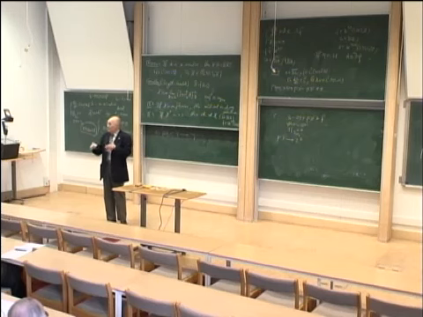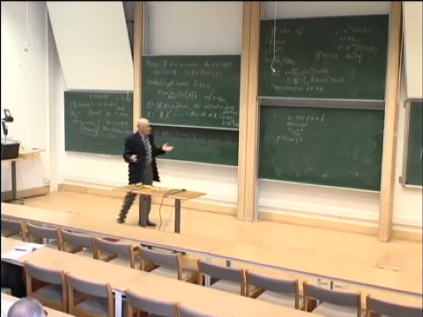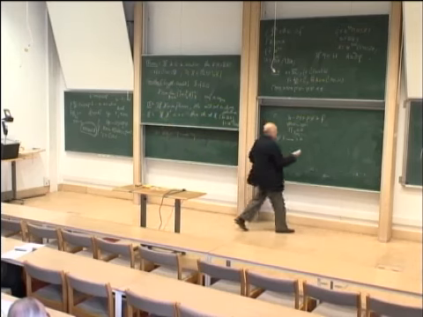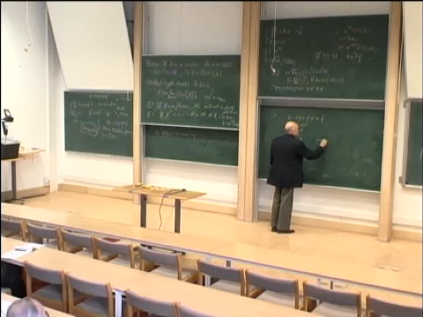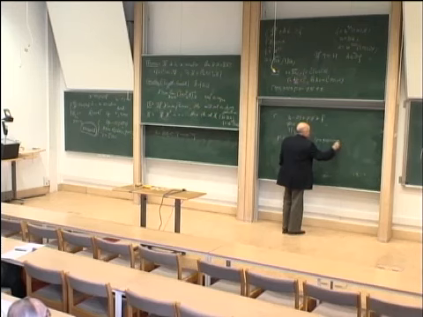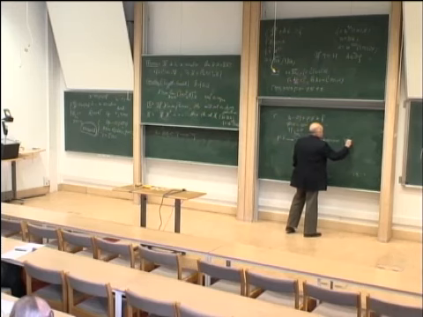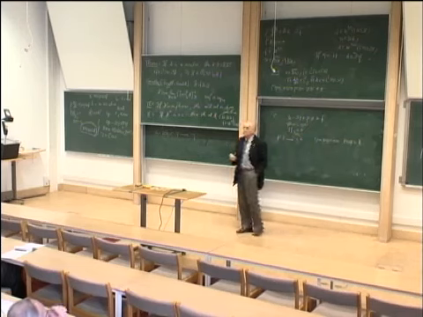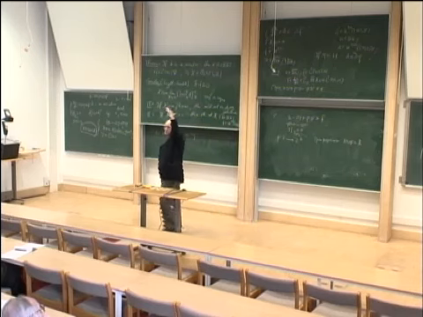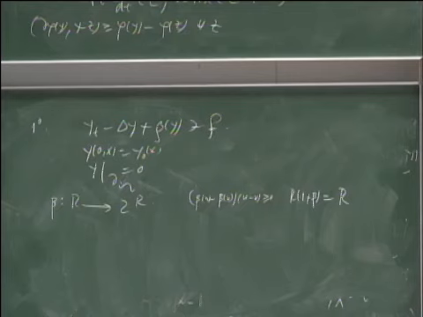In general, it's not everywhere defined. The condition is that beta be monotone, that is, (beta u minus beta v)(u minus v) is positive, and the range of the function 1 plus beta be the whole line. So we can have jump functions now, but remain maximal monotone.